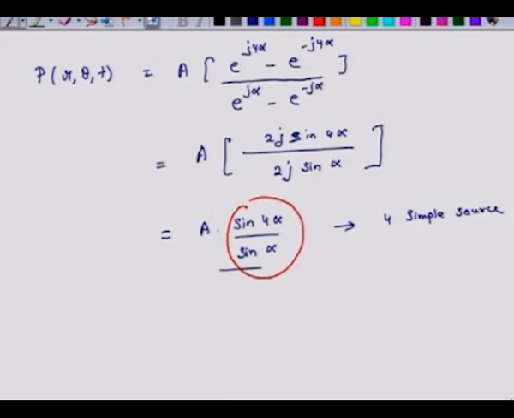So, expectedly we should get, when we have 6 sources, something like sin 6 alpha divided by sin alpha. So, let us explore that. So, now we will do the case for 6 simple sources.